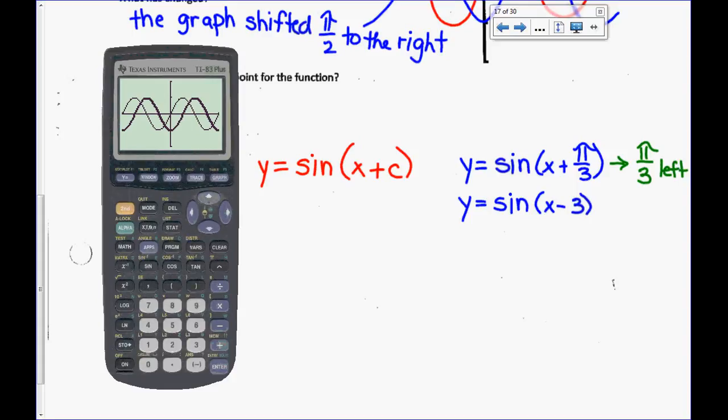Even though it says plus, it's the opposite of that, okay? And this one, x minus 3, that's going to shift 3 units right, okay? So it is the opposite of what it looks like.